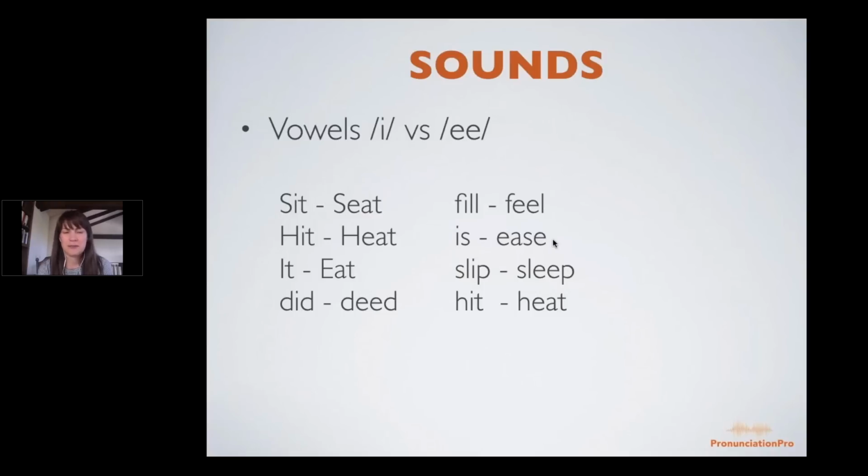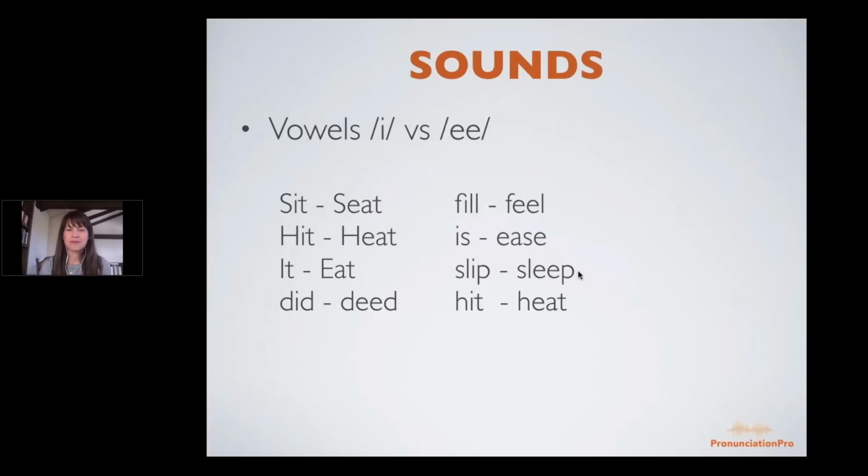All right, next. S. All right, you're saying the first word, but I actually heard S with a short E instead of short I. So do this for me. Is. There you go. Good. Now contrast those. Is, ease. Yes. Perfect.